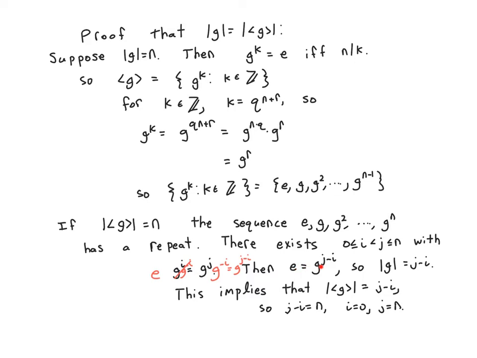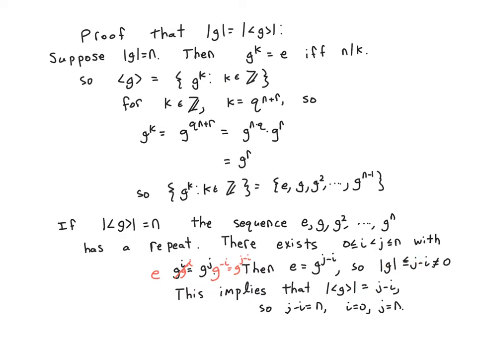The fact that E is equal to G to the J minus I actually tells you that the order of G is at most J minus I. And this strict inequality allows us to make sure that this J minus I is not 0. So we're definitely dealing with a positive integer. Good. All right then. So the order of G is at most J minus I.